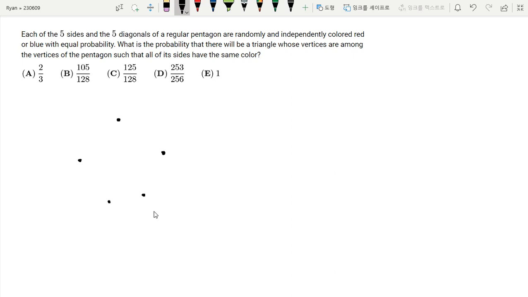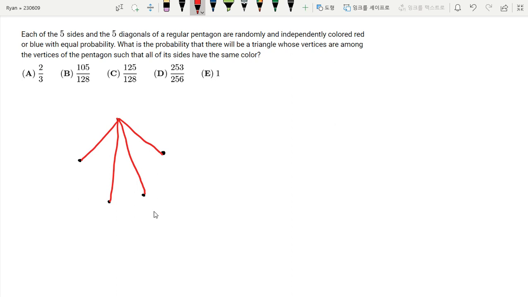So let's just start with the vertex having all the same color. So if we start from a red color from one vertex like this, we want to find the complement. Complement means we want to find the case when all triangles are made of different colors.